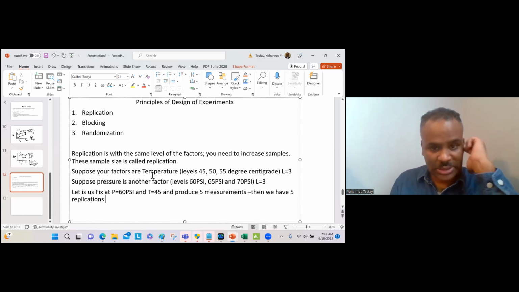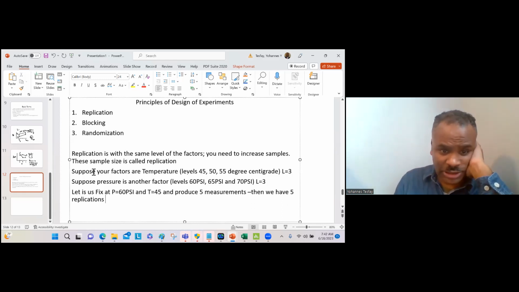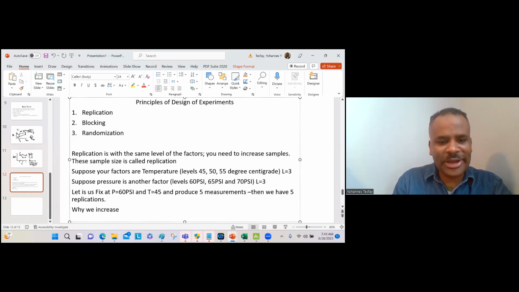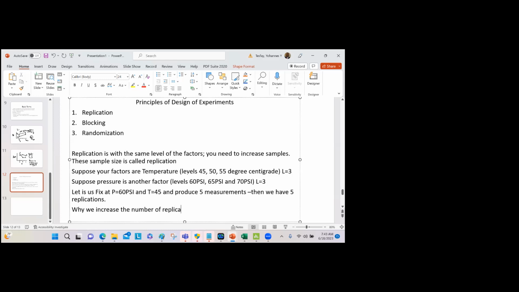Is that clear? That's what it means. Keep fixing the others like that as you go. That is what replication means. What is the purpose of replication? Why do we increase replication? To minimize error. Which error?